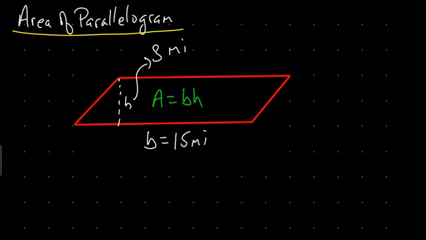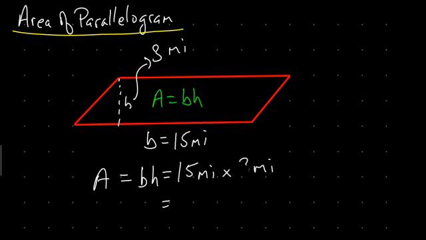So the area of this parallelogram, let me do the order that I said there. It will be base times height, which equals 15 miles times 3 miles. 3 times 15.